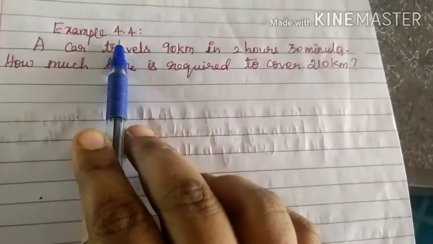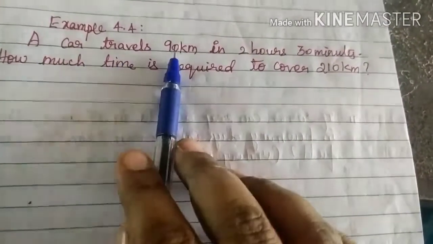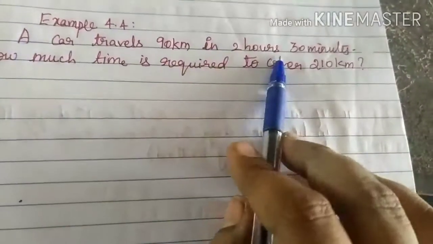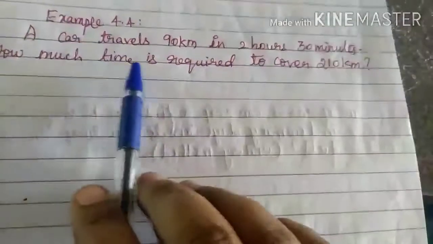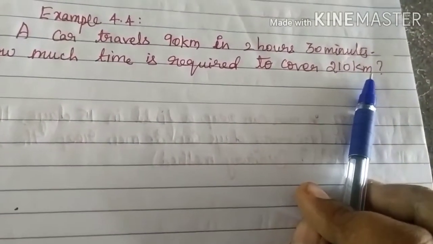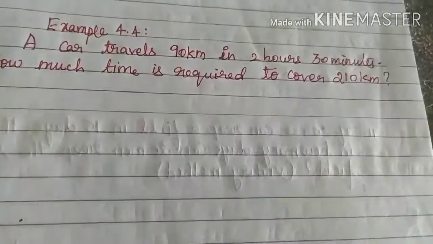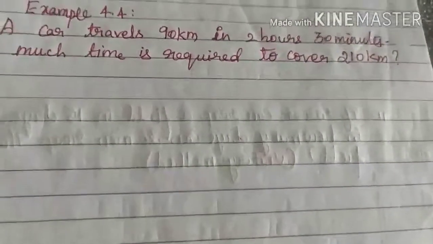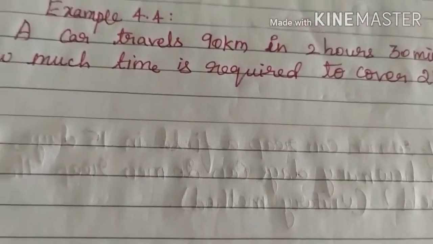Example number 4.4. A car travels 90 km in 2 hours 30 minutes. How much time is required to cover 210 km? So how do we find it? Example number 4.4.